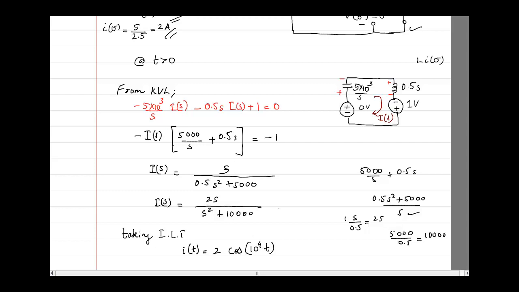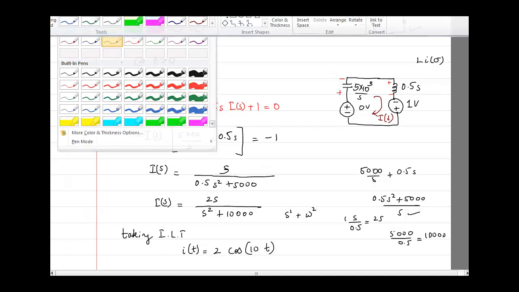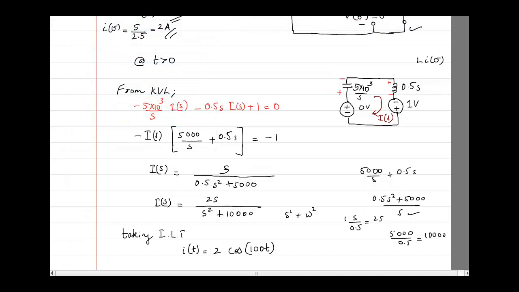I have to take the square root of omega square. The root of that is going to be 10 raised to 2, which I can write as 100. Sorry. So this is the answer.